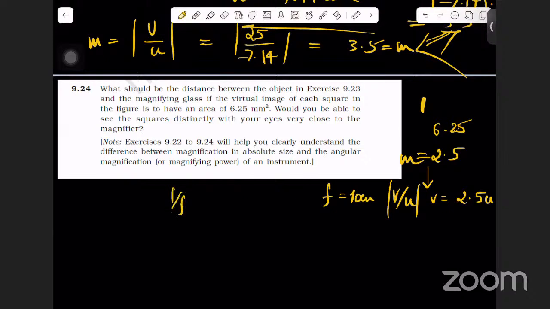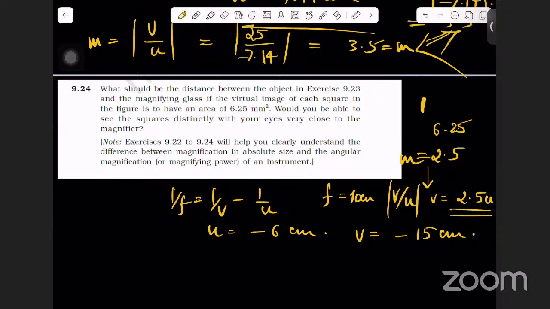Again, you put 1 by f is 1 by v minus 1 by u, and v you have as 2.5 u, right? From that, you will have u as minus 6 centimeters, and v is minus 15 centimeters.